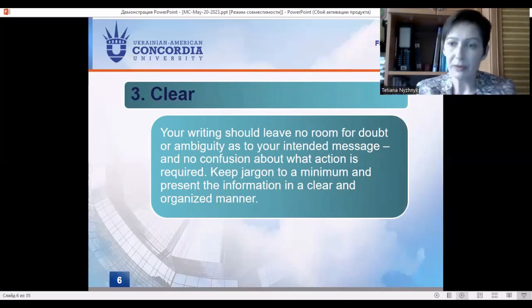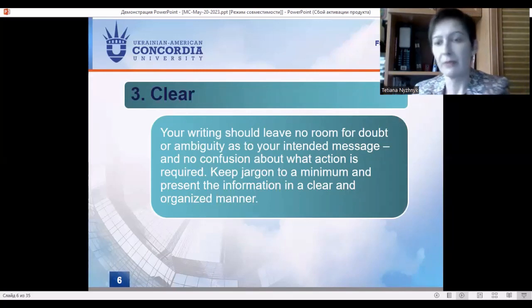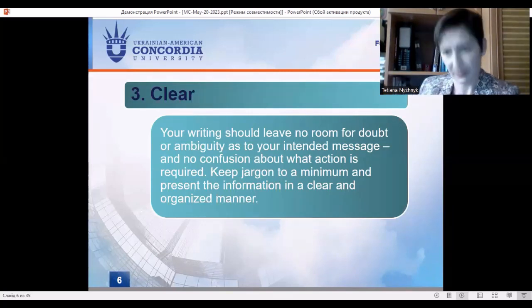So, starting with the purpose and finishing with the feedback that you expect from the reader, you have to stay crystal clear. Another key point that has to be mentioned here is to keep jargon to a minimum, which means that you will have to use the vocabulary which is understandable.